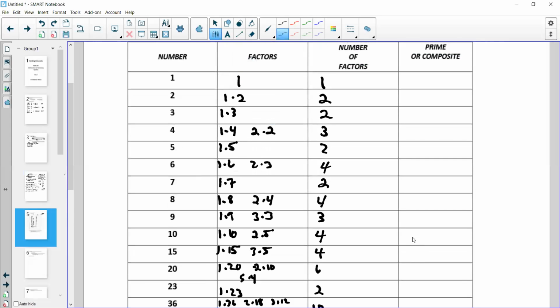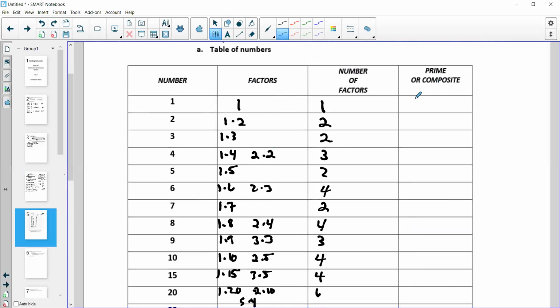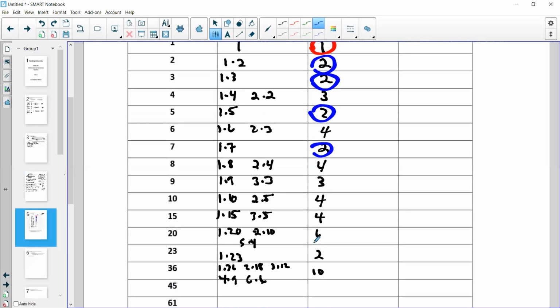So we're looking at some patterns here to determine if something is prime or composite. If we look at this one, we only have 1 factor here. And then we have 2 factors: 2, 2, 2, 2. Any others that just have 2 factors down here?